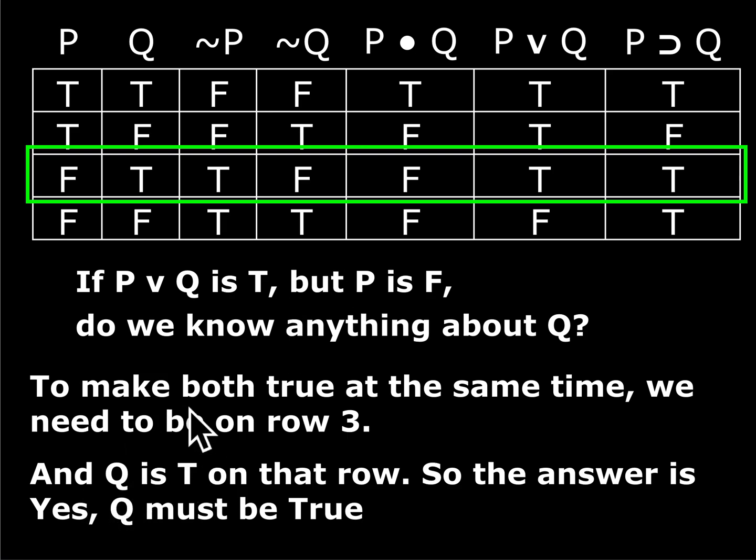Now that we know what makes the conditions correct, do we know anything about Q? Well, we're restricted to row 3, and Q is true on row 3. So if P or Q is true but P is false, Q has to be true.